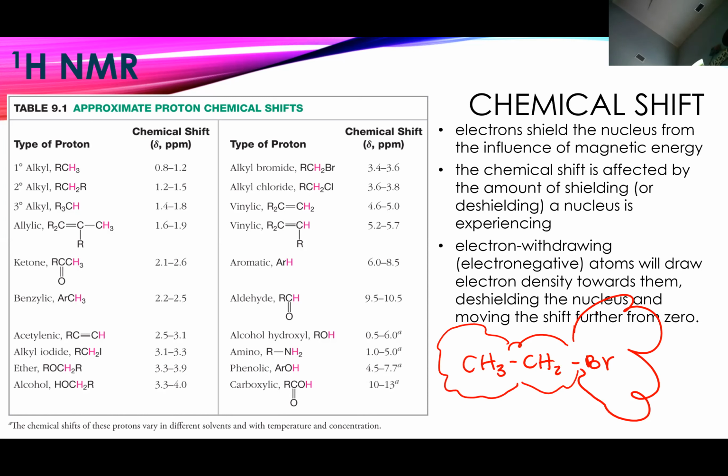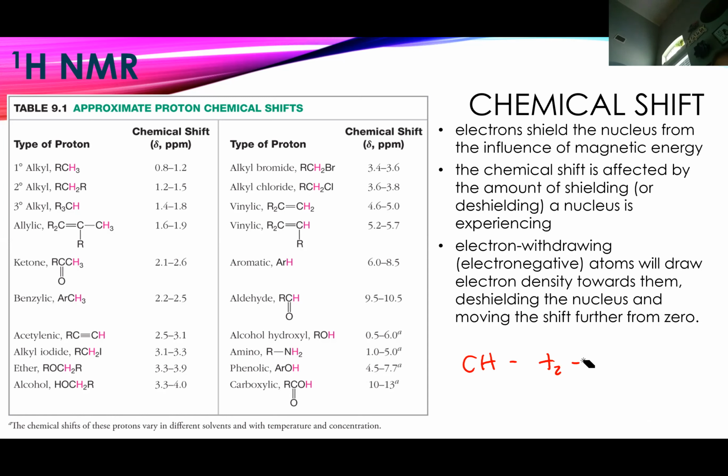But we have a dipole towards the bromine. And since we've taken away some of the electrons shielding these hydrogens specifically, they end up with a higher chemical shift.